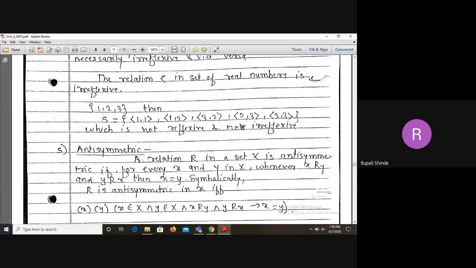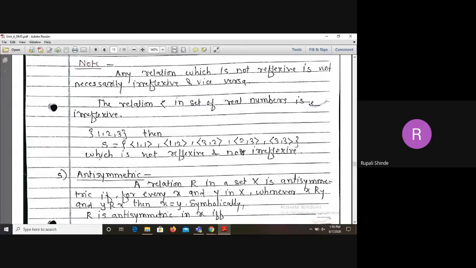Have you understood all these properties? Have we understood all these properties?